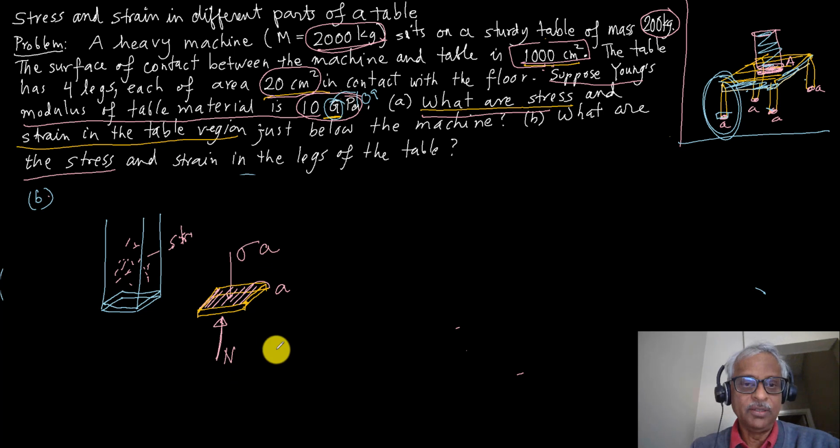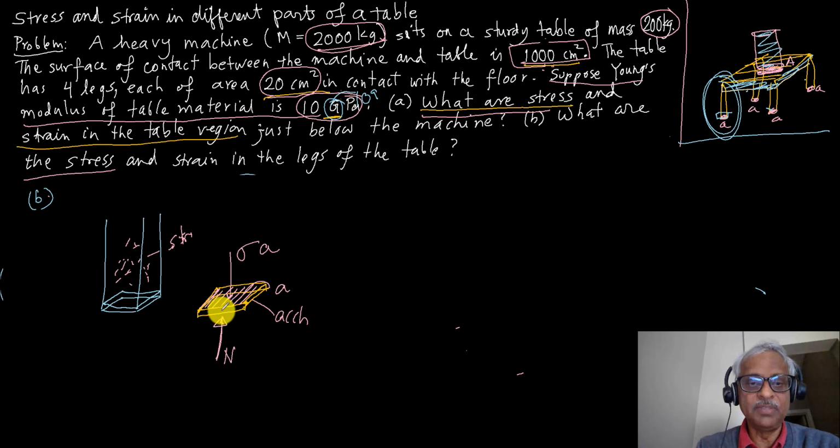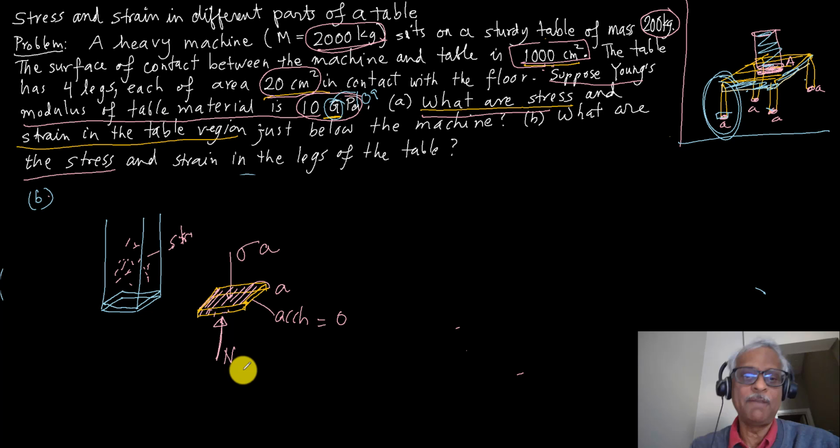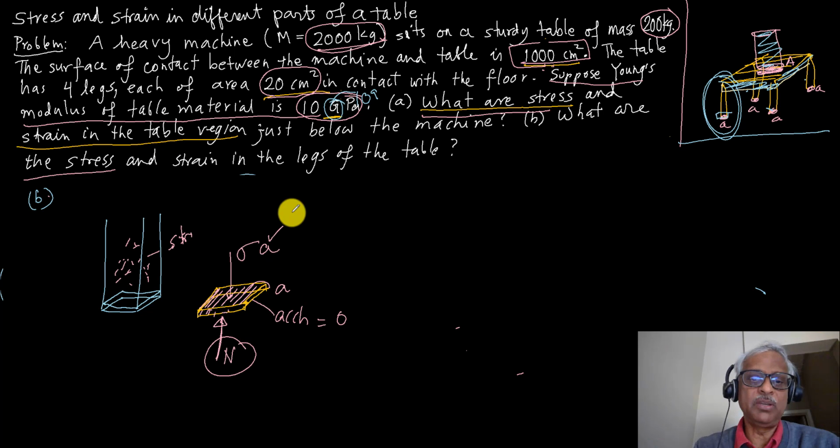The acceleration of this little piece is 0, so these forces must balance out, right? We just need to know what to use for N, because we already know a. This has to be equal to that. So what is the N we have to use?